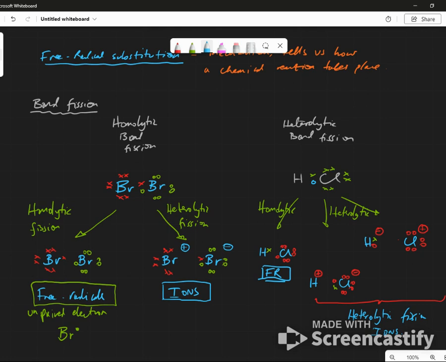So homolytic fission means they split evenly, and heterolytic fission means they split unevenly. This is specifically for azime because I think Axel knows this. Oh, I see what you mean, this thing at the top. Oh no, they're just titles. Don't worry about those.